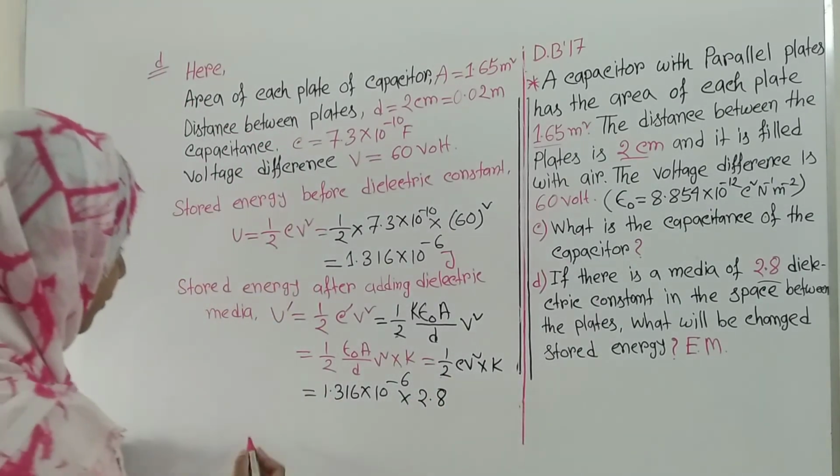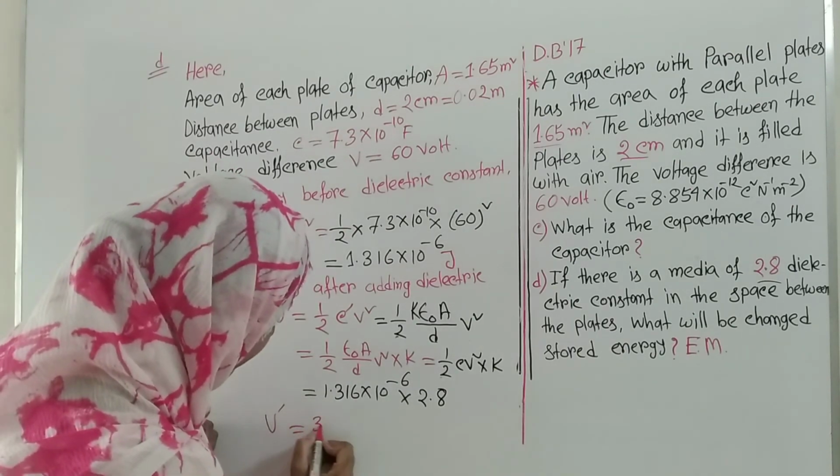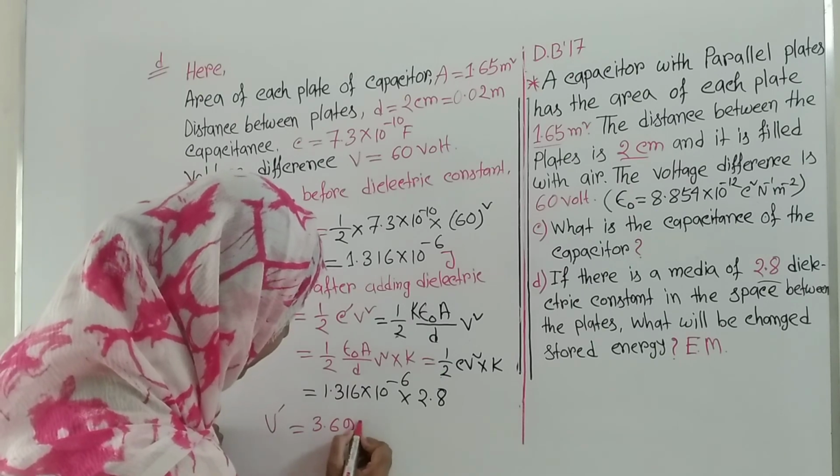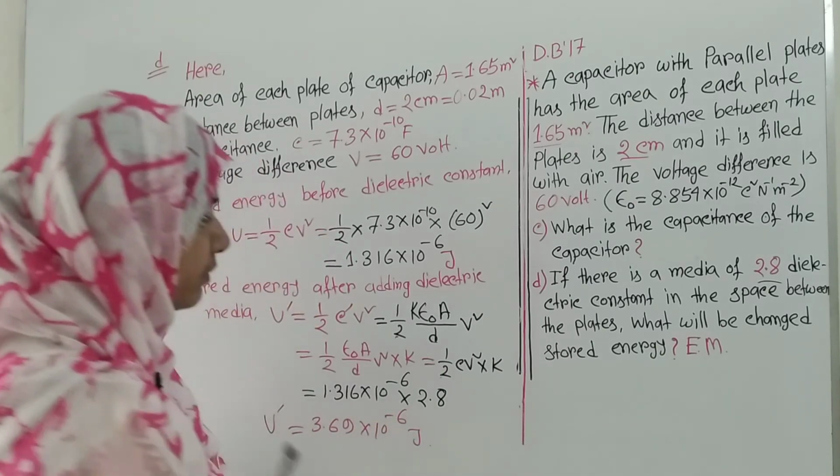So the final value will be 3.69 into 10 inverse 6 joule.